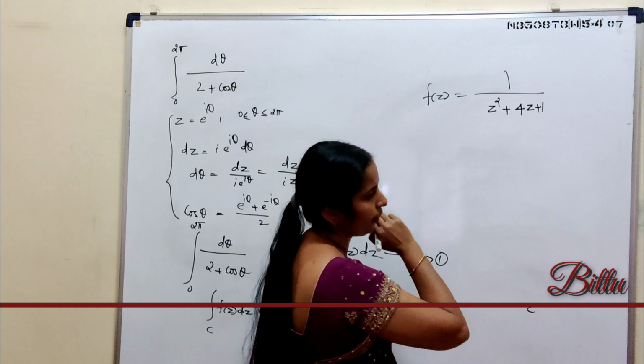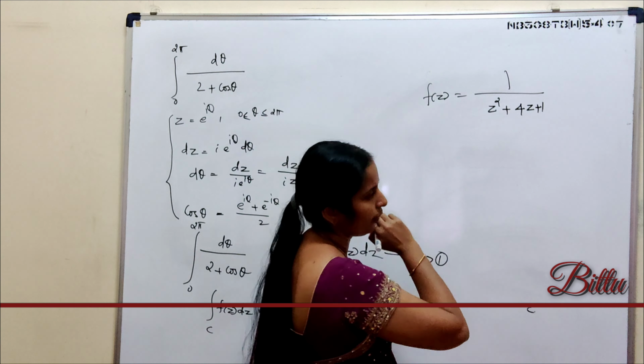These are the two singularities. You check which one is inside of C and which one is outside of C. Clearly, minus 2 plus root 3 is inside and the other will be outside. So, this is the inside singularity.